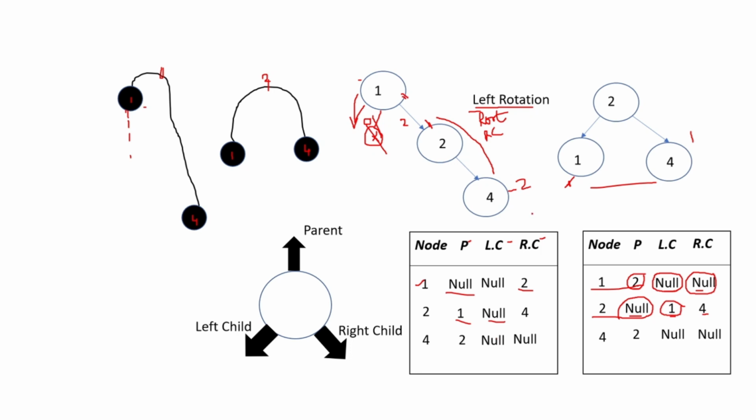Similar to left rotation, you also have a right rotation where this is your root node, and in a right rotation you are pulling this part down. Your 4 becomes a child of 2 and no change is done in this particular node, so all the pointer values will be the same.